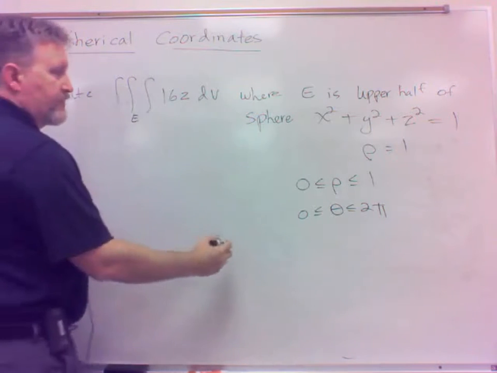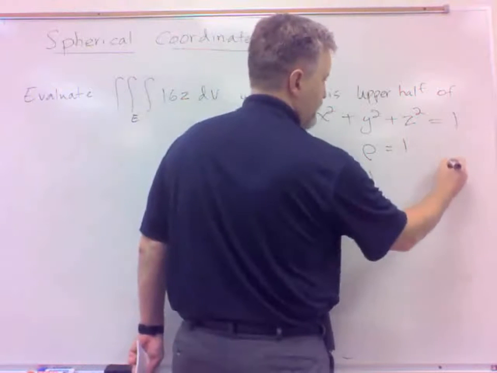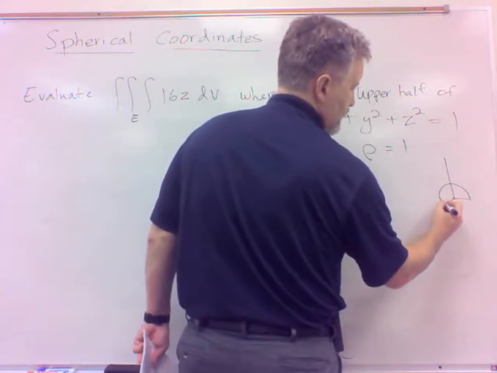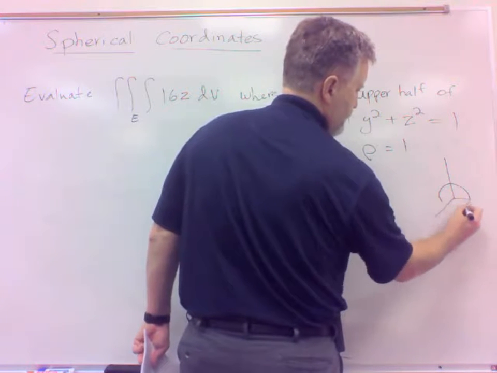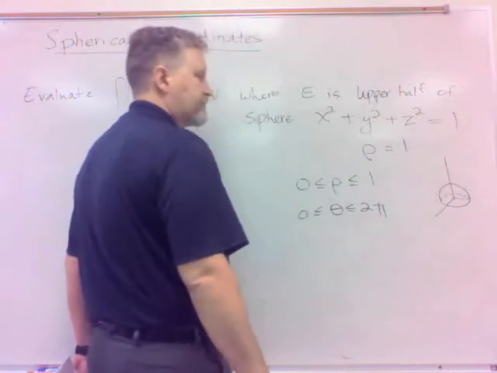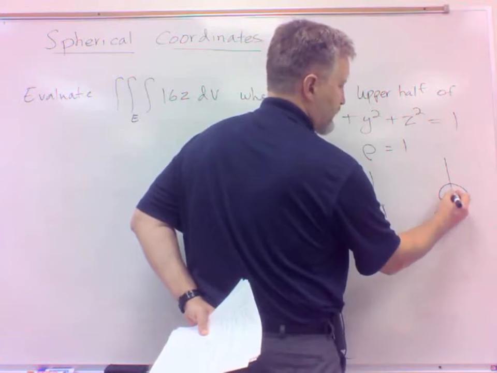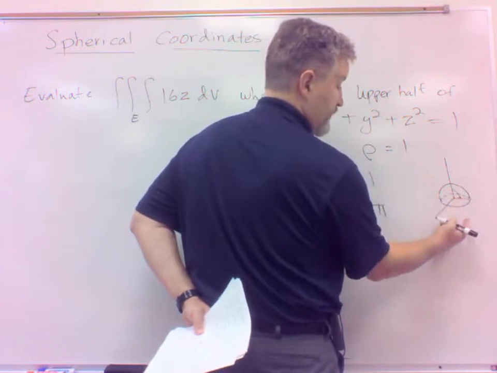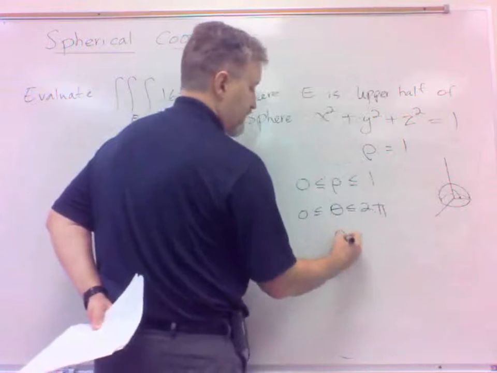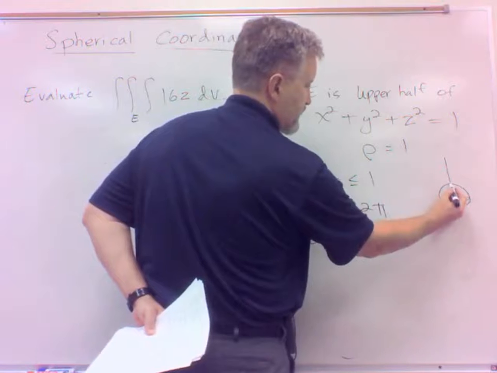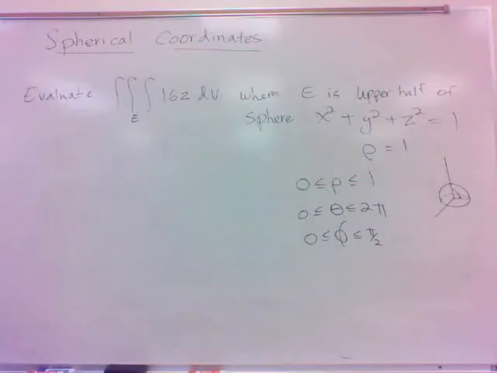Since we're only doing the top half of the sphere, the maximum angle phi I'm going to get is down to the xy plane, so phi ranges from 0 to pi over 2, going from this tip down to the xy plane. Nothing below the xy plane.